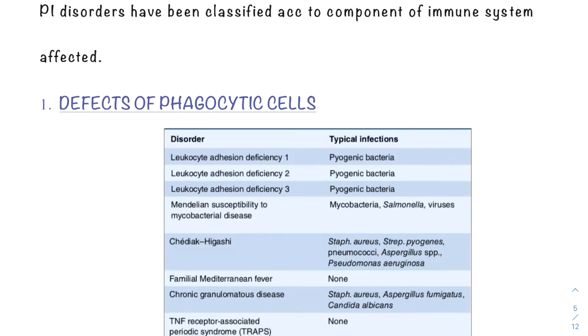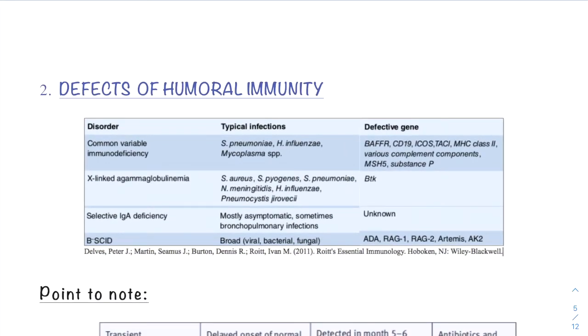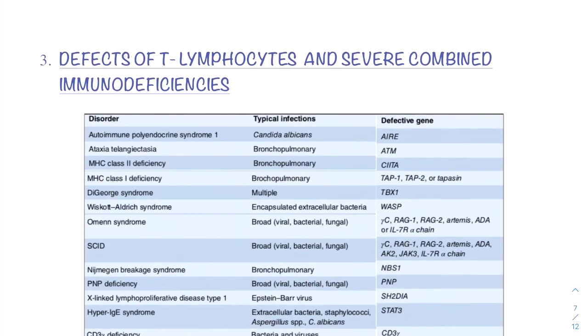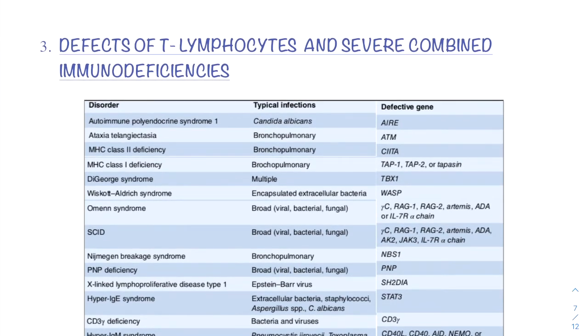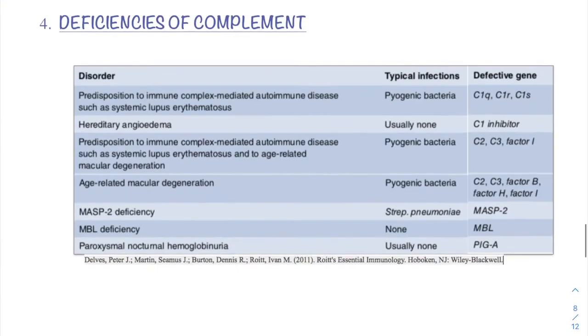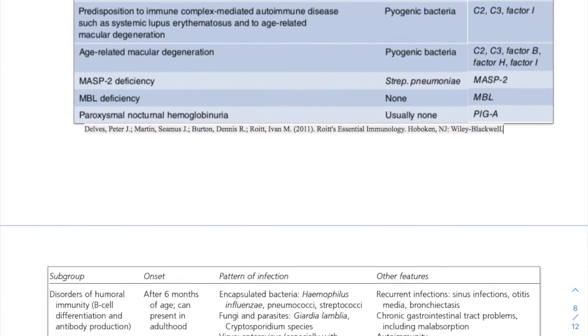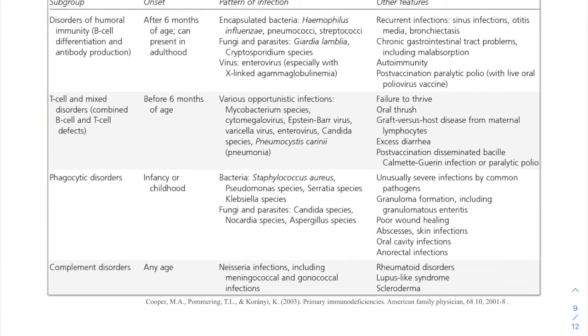They are majorly of four types: defect in the phagocytic cells, that is the macrophages or the granulocytes, neutrophils; then defect of the humoral immunity, that is defect in the B cells or the immunoglobulins; then defect of the T lymphocytes and severe combined deficiencies, that is deficiencies of combined T as well as B cells; and fourth, deficiencies of the complement system. But before listing all the diseases in the four categories, I'll first discuss a few features of each type.